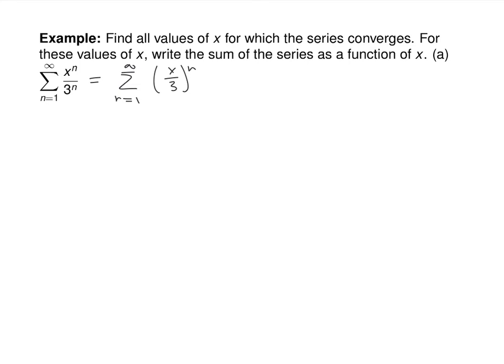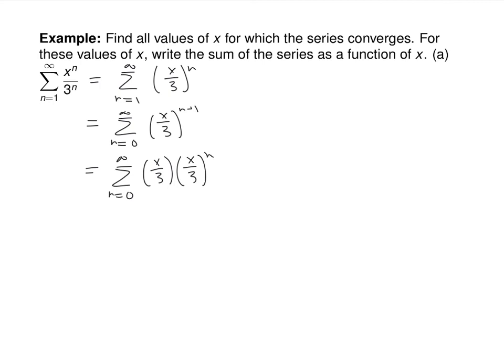So it's not indexed correctly, so let's do the re-indexing. Let's make it the sum from n equals 0 to infinity, x over 3 to the n plus 1, or the sum from n equals 0 to infinity, x over 3 times x over 3 to the n.